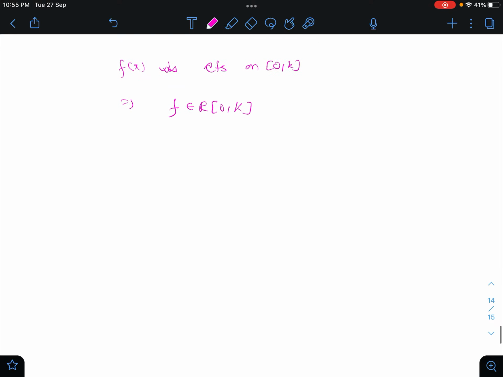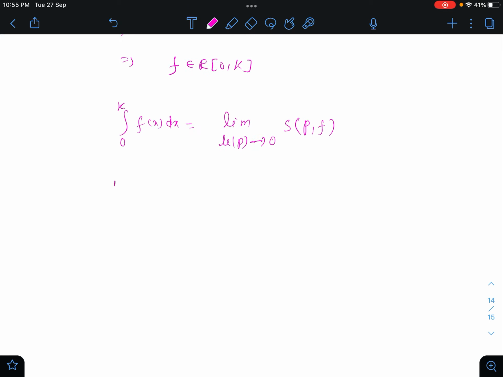Now for the second part, we will do it by integration as a limit of sum. That is, the integral from 0 to k of f(x) dx is equal to the limit, as the norm of the partition tends to 0, of S(P, f).